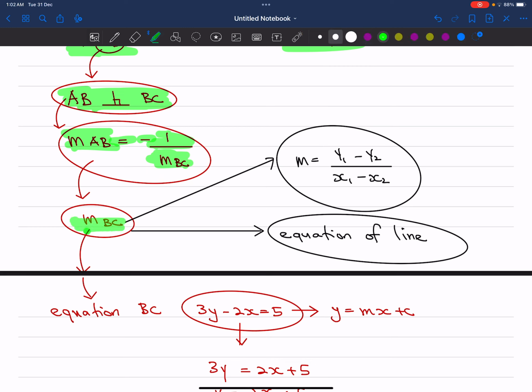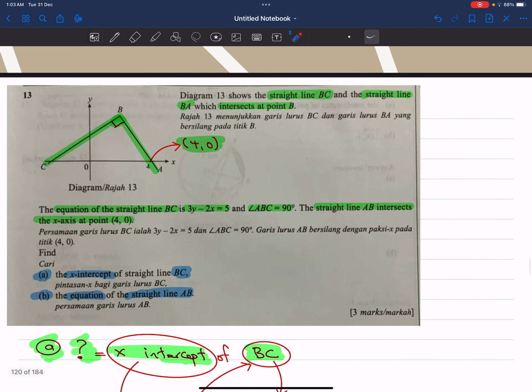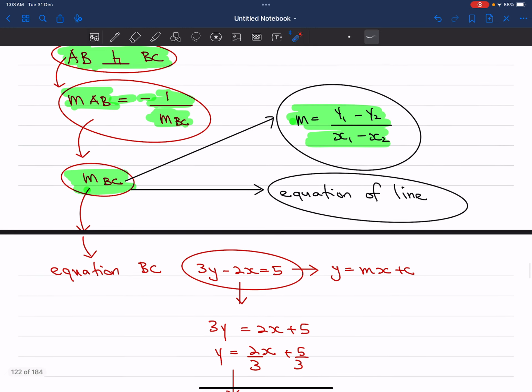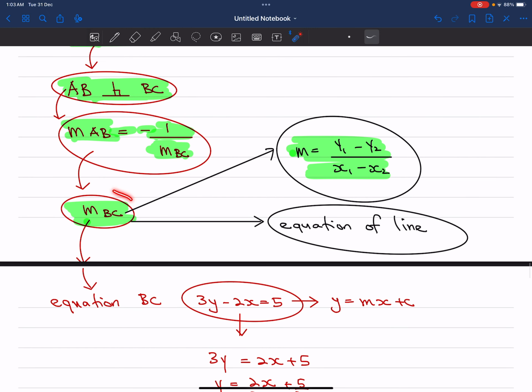To find gradient BC, there are two methods. Either use the formula of gradient, but for this you need two coordinates on the line BC, and we don't have any points on the line BC. Another way is from the equation of the line BC.